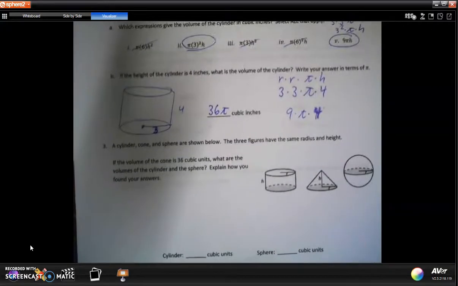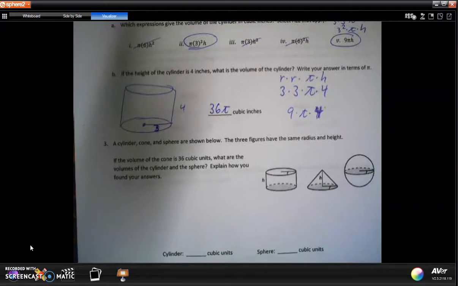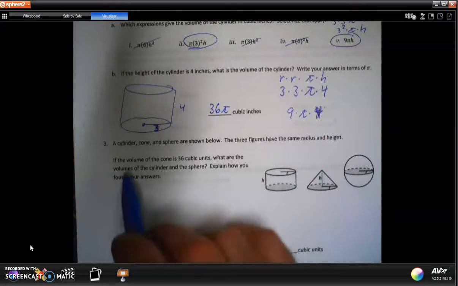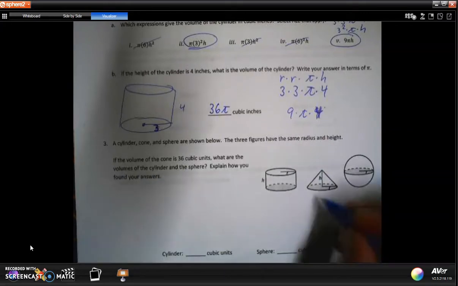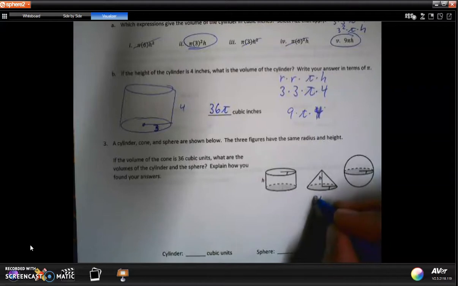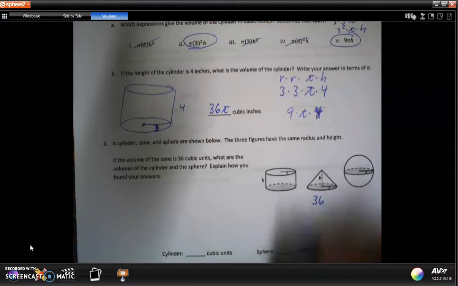All right, a cylinder, a cone and a sphere are shown below. The figures have the same radius and the same height. If the volume of the cone is 36 cubic units, what are the volumes of the cylinder and the sphere? Well, I know 3 cones go into the cylinder, so I times that by 3.